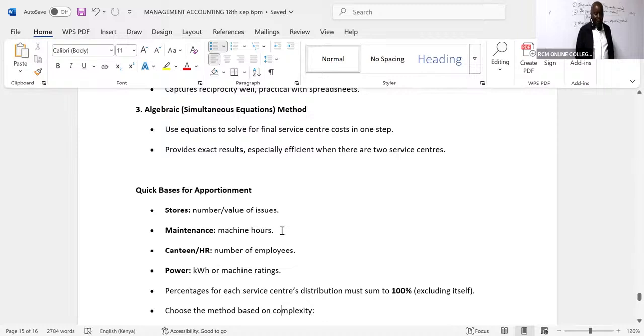Another dash. It provides exact results, especially when there are two service centers, even when there are three.